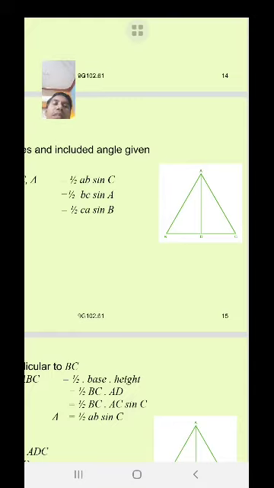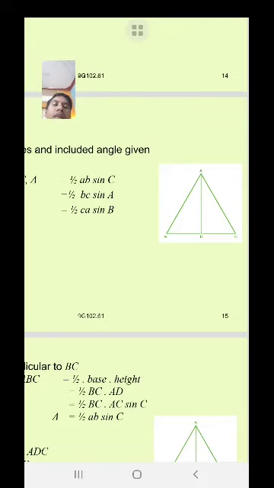AD we have converted to b into sine C. How is it possible? See, if you observe triangle ADC, sine C equals opposite side by hypotenuse. The opposite side is AD, and the hypotenuse AC is small b.